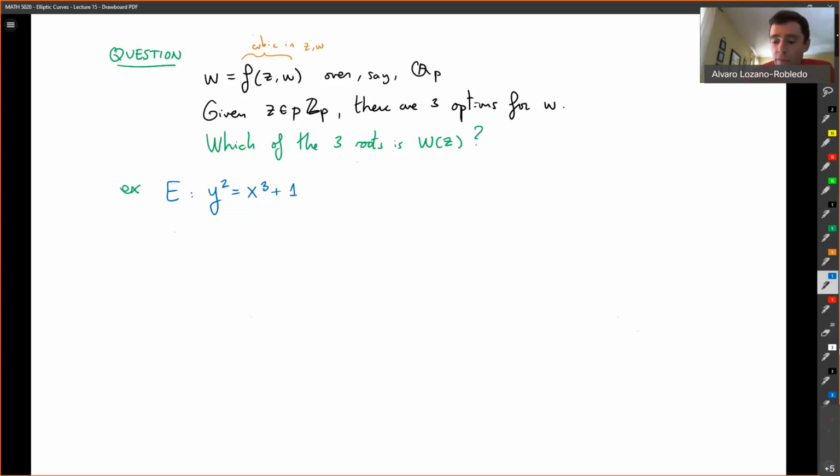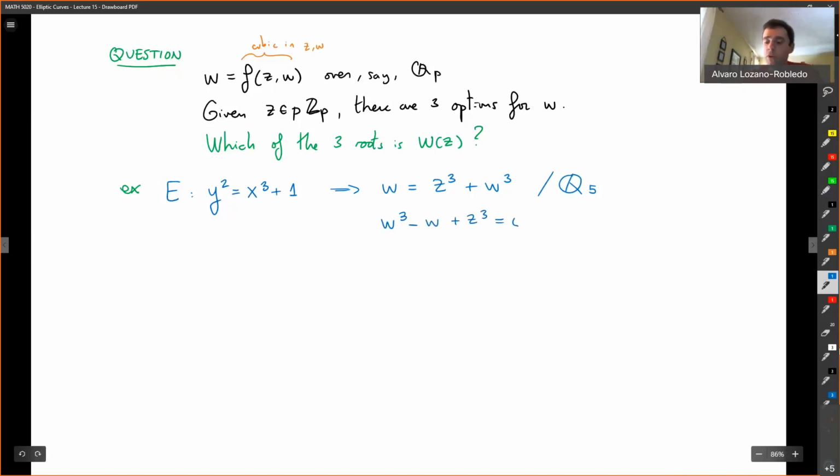Then the equation in W(Z) is W equals Z cubed plus W cubed. And let's consider, for example, over Q5. So my question is, if I write it as a polynomial in W that depends on Z, I'm going to give a parameter Z, and then I want to know what W is in that case.